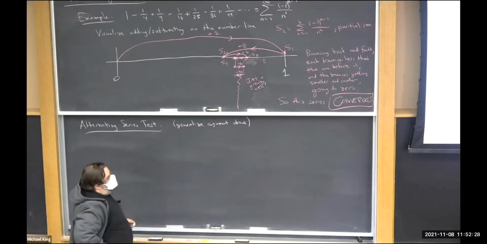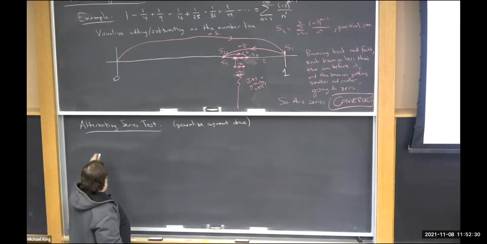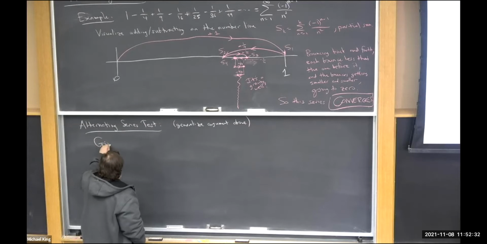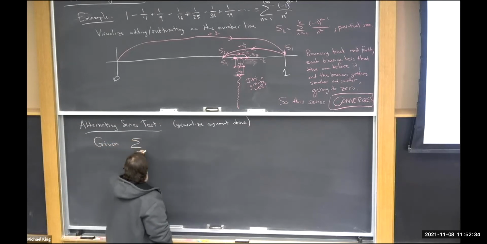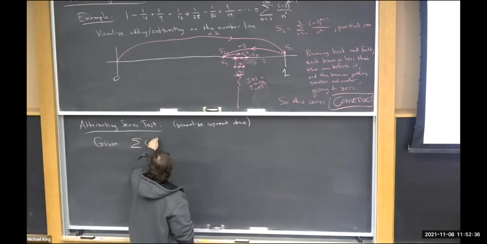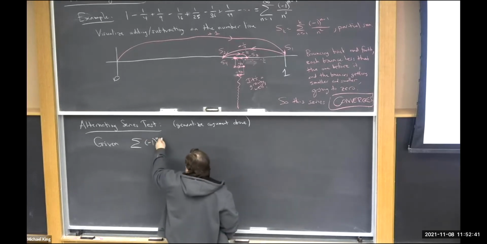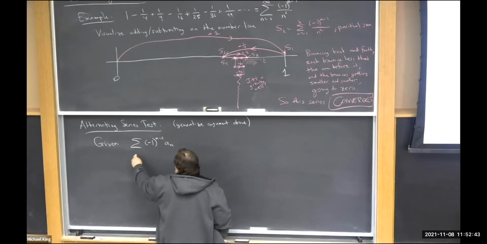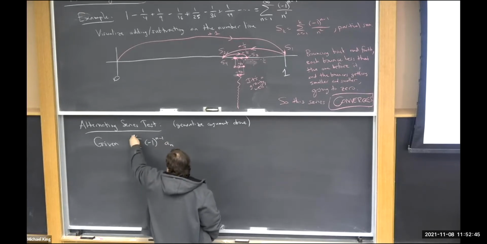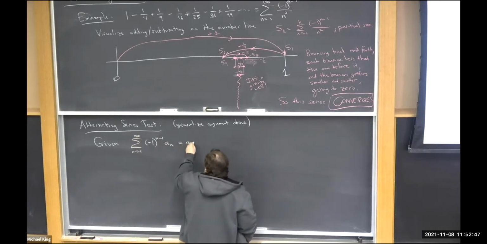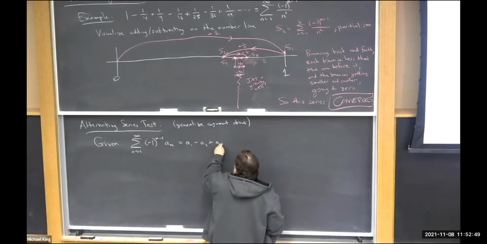So given, where do I start this? I guess I started counting at 1 for some reason. Something like this: A1 minus A2 plus A3.